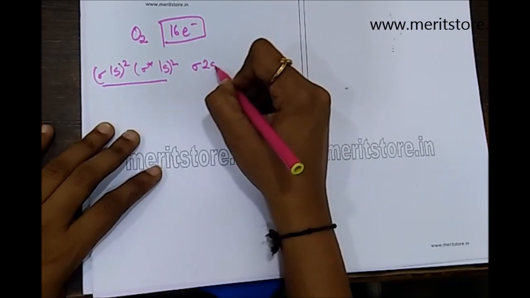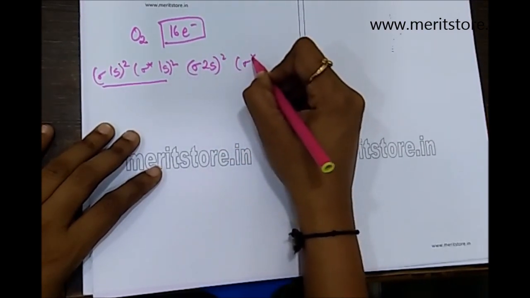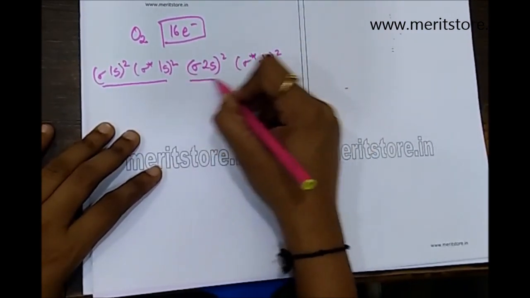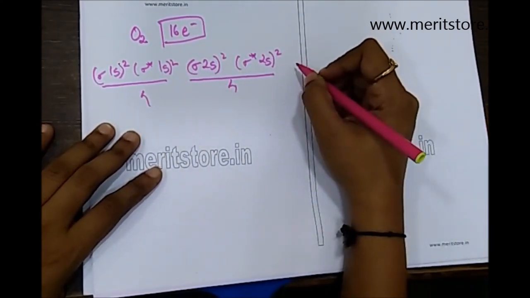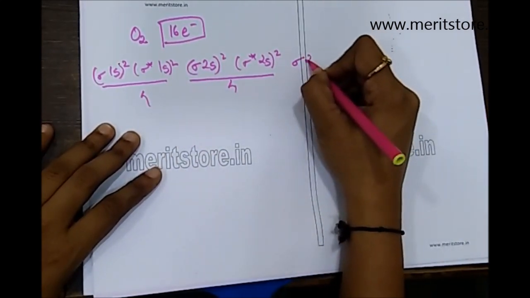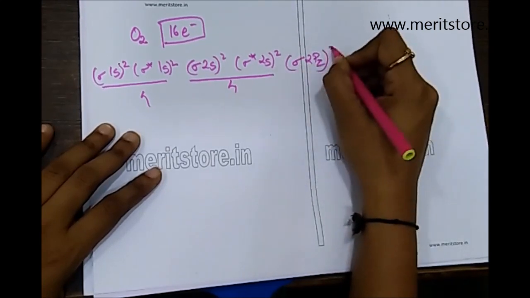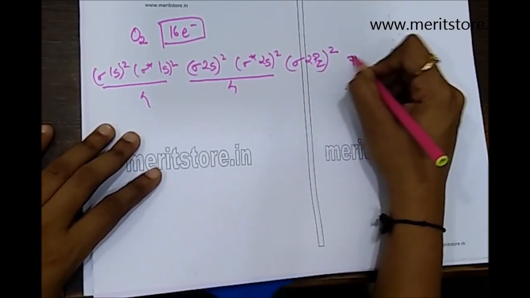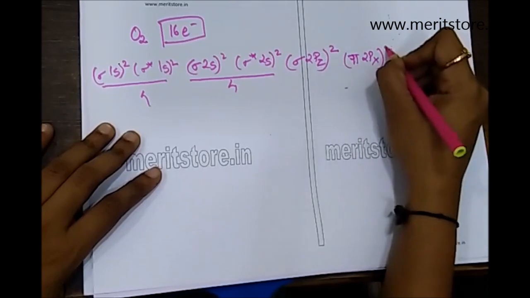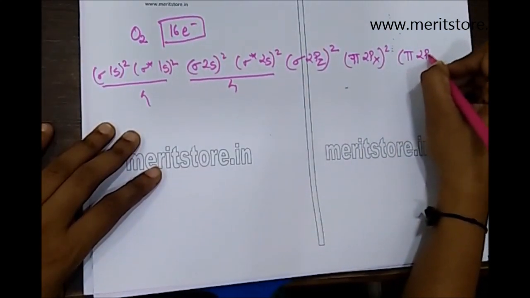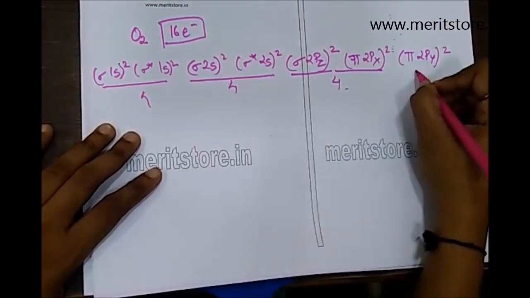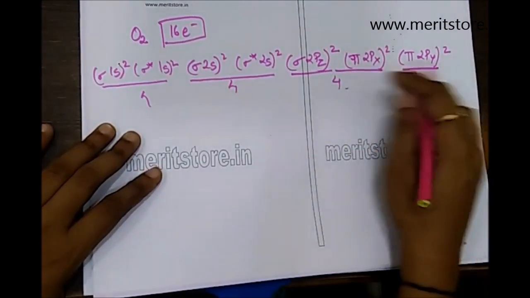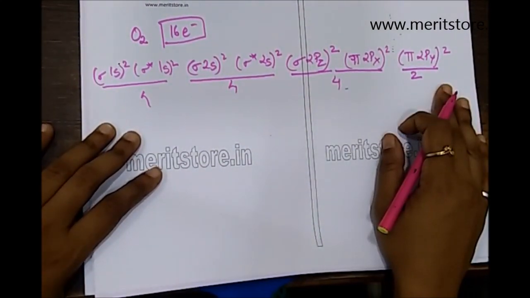Then sigma 2s2 and sigma star 2s2, another 4 electrons, so till now we have completed 8 electrons. Next we have sigma 2pz2, then pi 2px2 and pi 2py2, so 4 and 4 more, and in total we have completed 14 electrons.